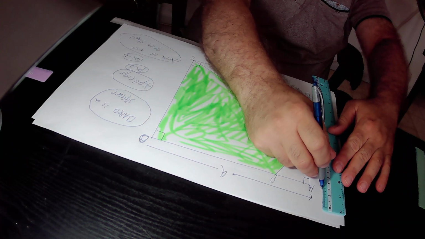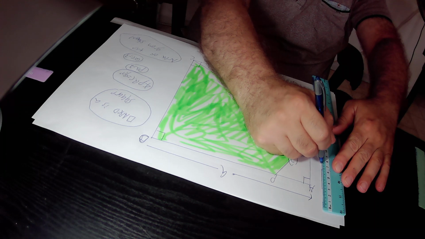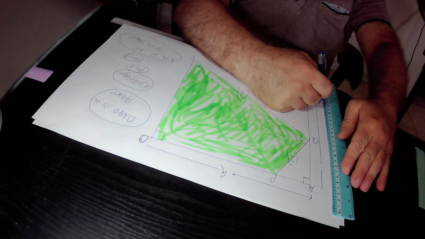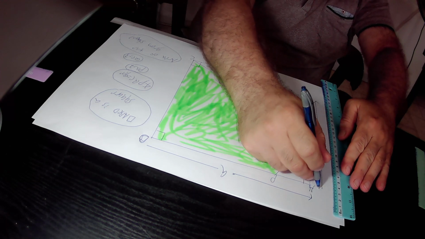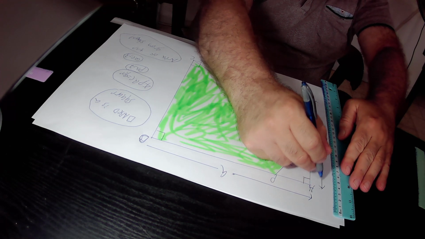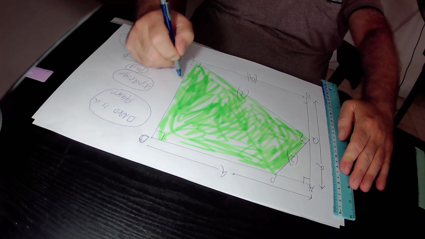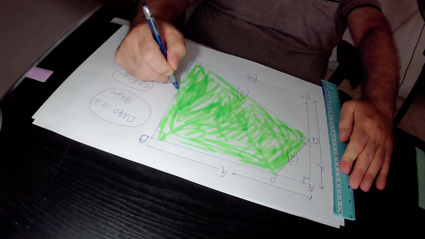Therefore side AB also equals A units in its length. Side BC equals A units in its length.